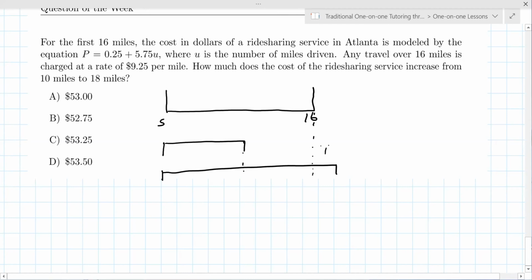Call that 1. And that's 9.25 times 2 miles. Then you need to figure out this part in here, which is the 10 to the 16, and that's 6 times 5.75.